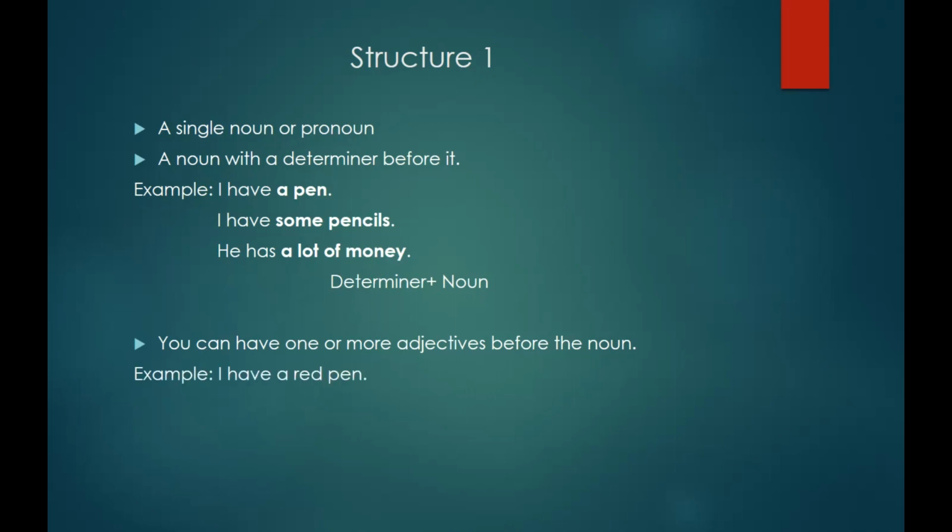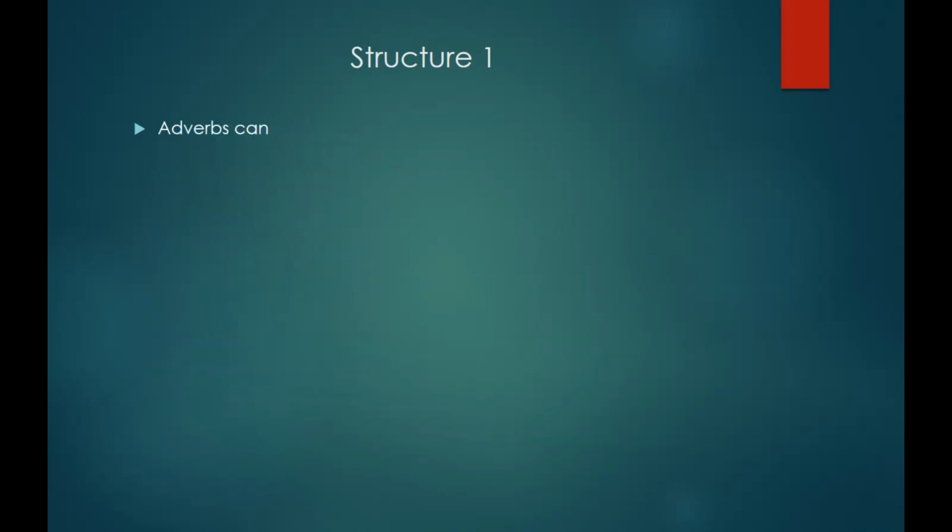Example, I have a red pen. So I have a new nice red pen. So new, nice and red, 3 adjectives have been added to noun, and all of them modify the noun pen. So the structure is determiners plus adjectives plus noun, and here noun functions as the head of this noun phrase.